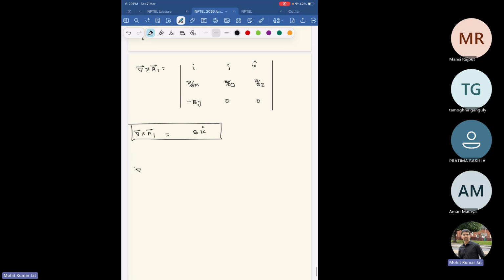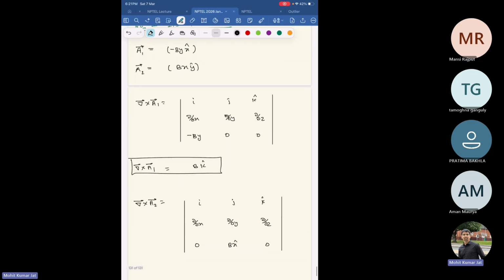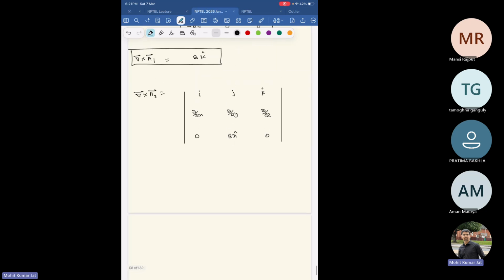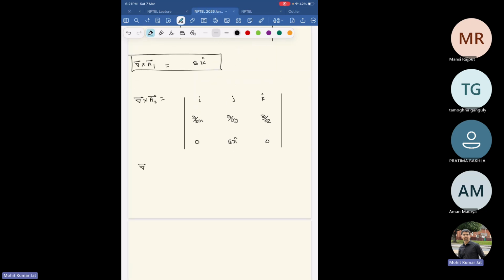Similarly, if you take curl of A2, i j k, del by del x, del by del y, del by del z, 0, Bx, and 0. Here also I'll get the same result, which will be curl of A2 will be Bk cap.